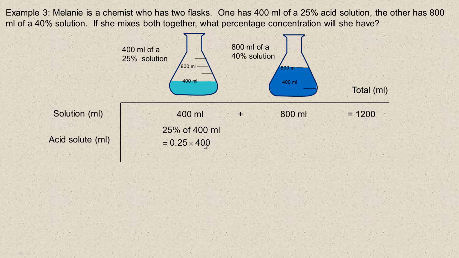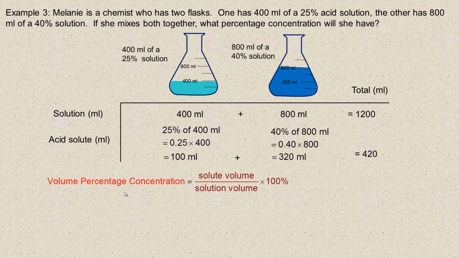We multiply that by 400, so we get 100 milliliters. So 100 milliliters of this 400 is acid. Let's do the other one now. It's 40% of 800 that will be the amount of acid solute in that one. So 40% is 0.40 multiplied by the 800, which gives us 320 milliliters. And of course, we will add the two of those together, the solute here plus the solute here. So altogether, we've got 420 milliliters of acid solute in this solution.